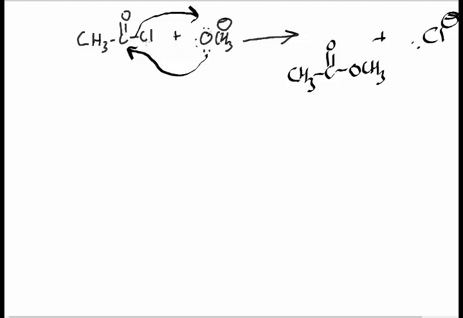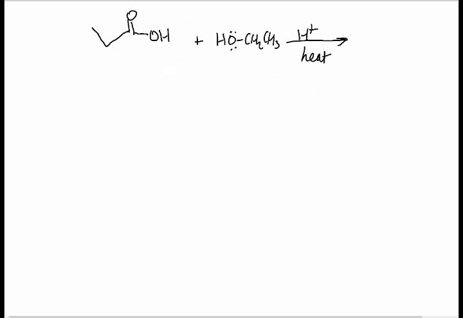All right, let's do another example. In this example, we have a carboxylic acid reacting with an alcohol. We would need to identify, is this a type 1 or type 2? The key is to look at the other reactant here.